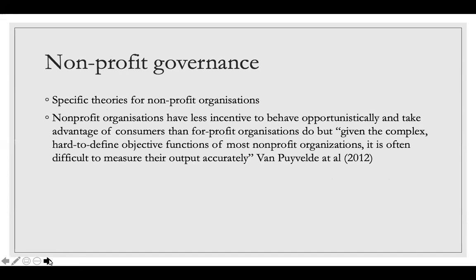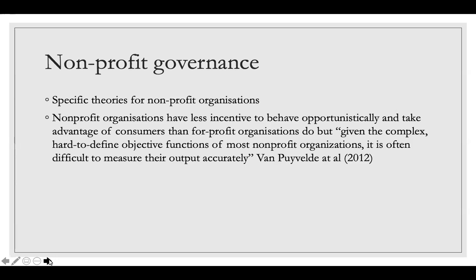So, as I previously said, whilst most of the research has been on corporate or for-profit governance, you've seen theories being developed specifically for nonprofit organizations concerning their governance and ensuring that they're properly governed.